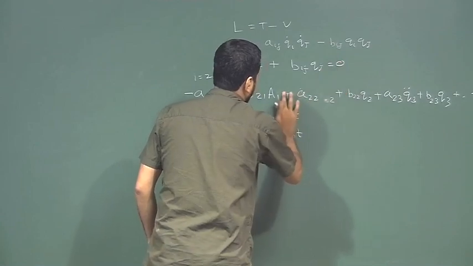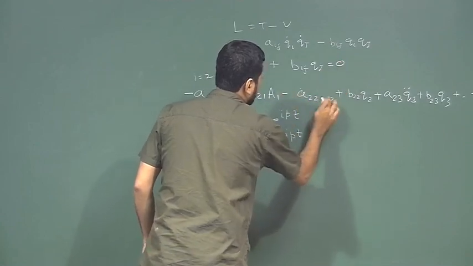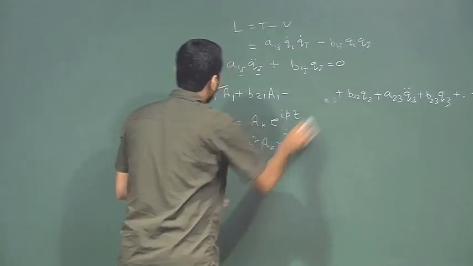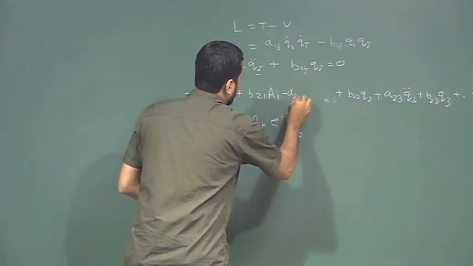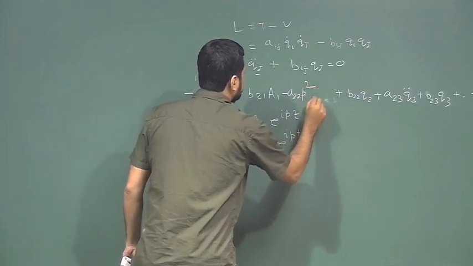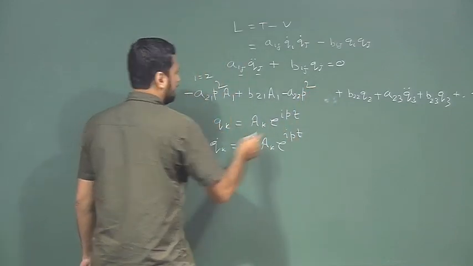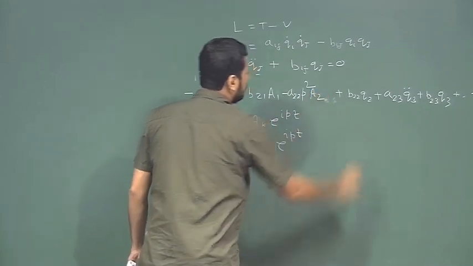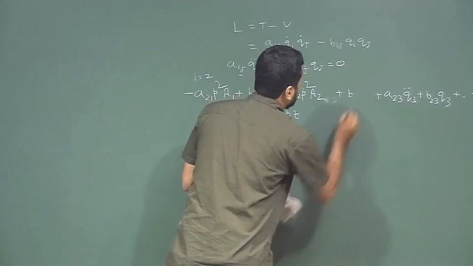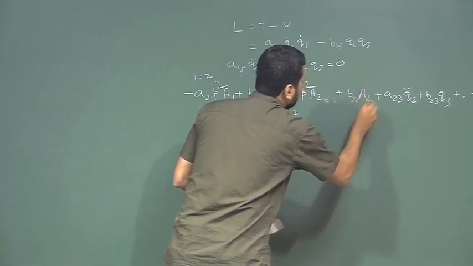Similarly, it will be a minus sign here, minus a_22 p square A_2, and this will be b_22 A_2.